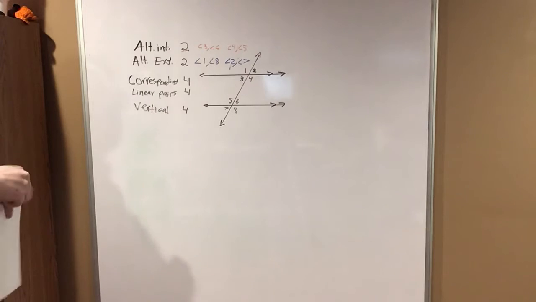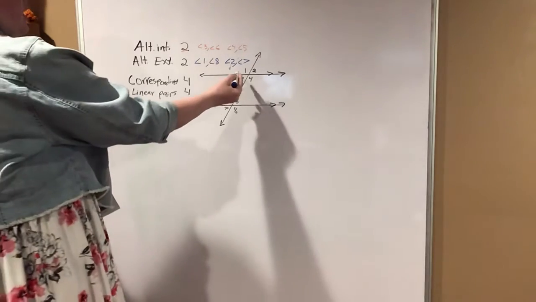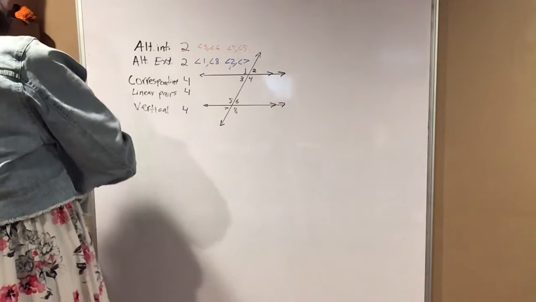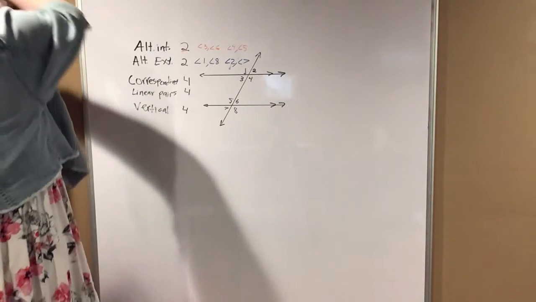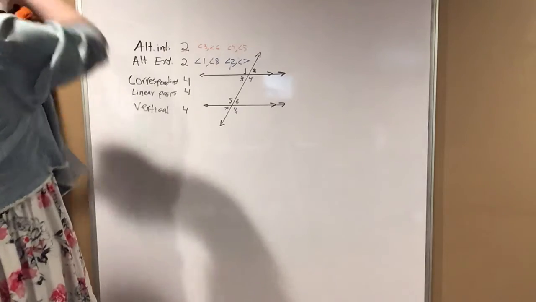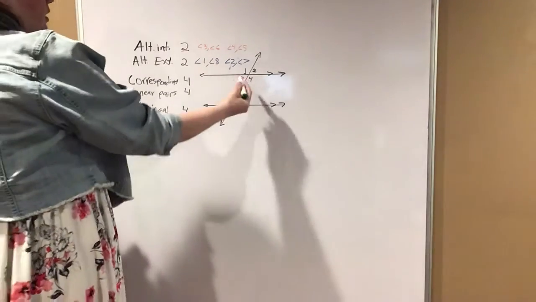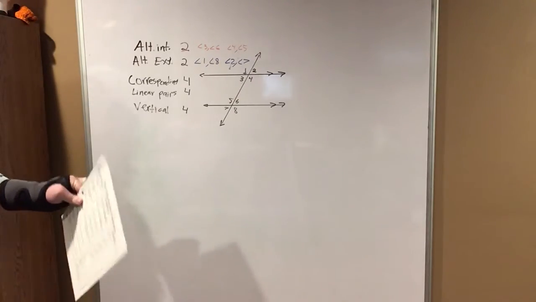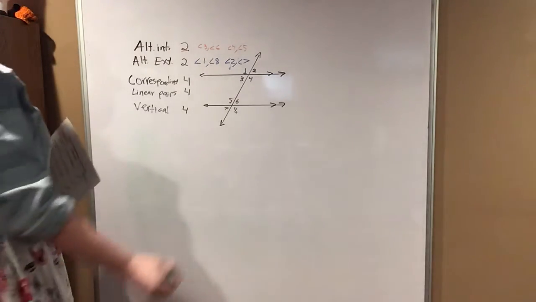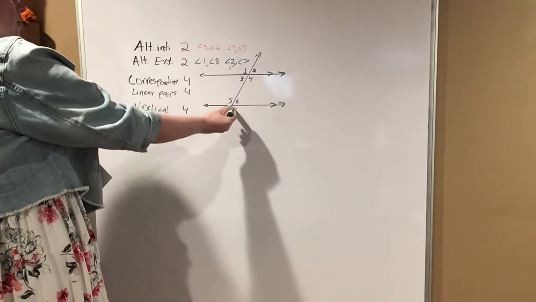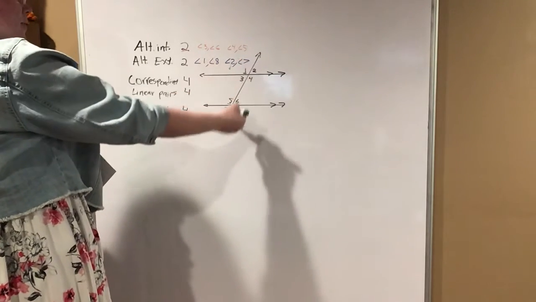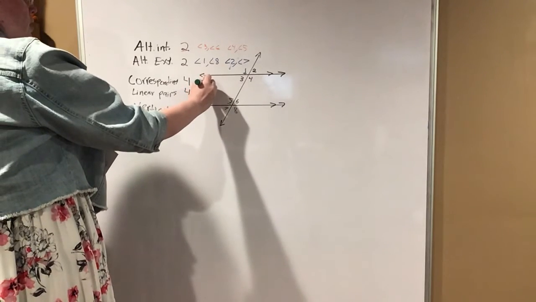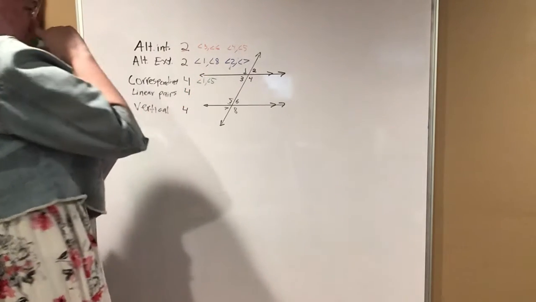Let's take angle 1 and find its corresponding one. Well, its corresponding angle is 5. Angles 1 and 5 are on the same side, same angle. Angles 1 and 5 are corresponding.